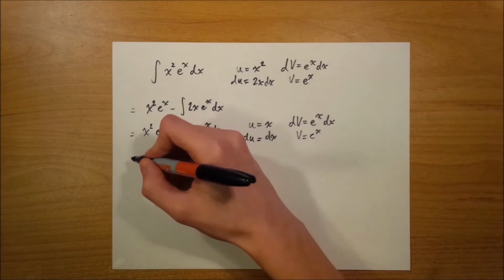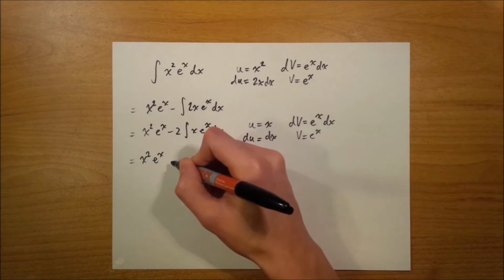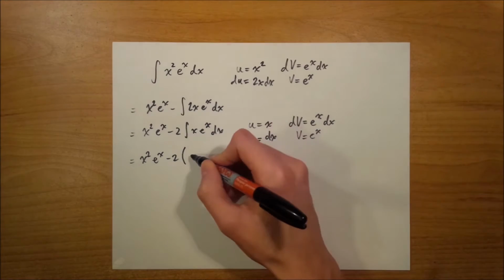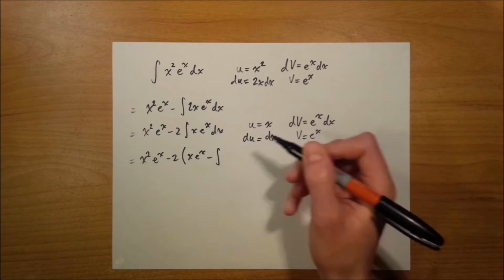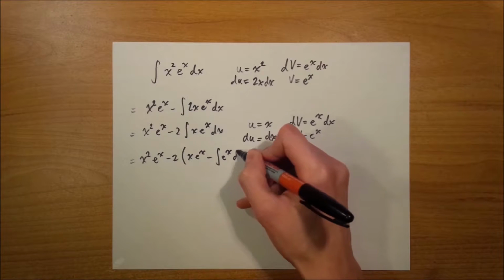And now we're left with x squared e to the x minus 2 uv, so x e to the x, minus the integral of v du, so e to the x dx.